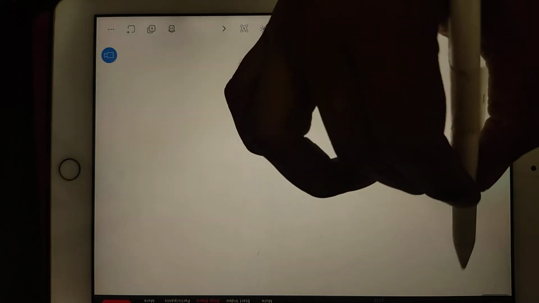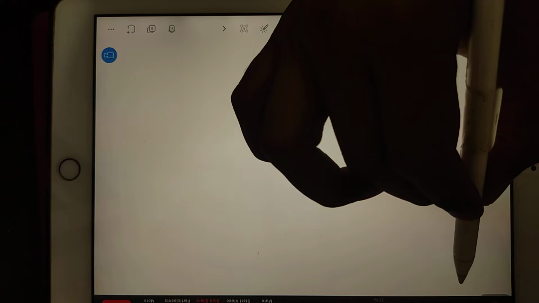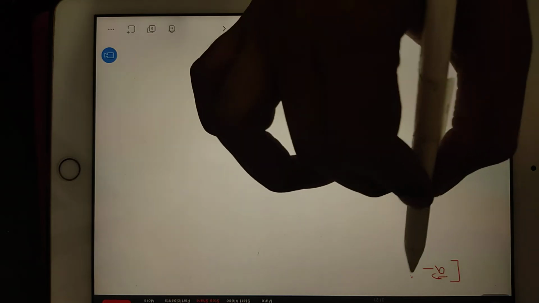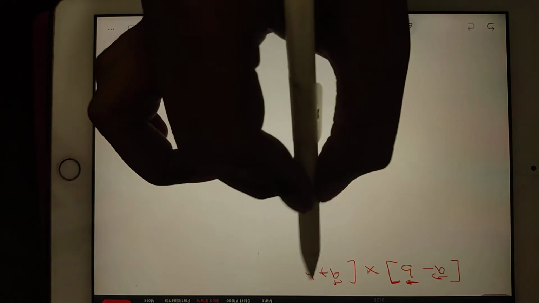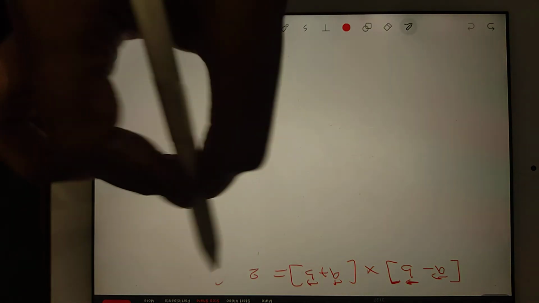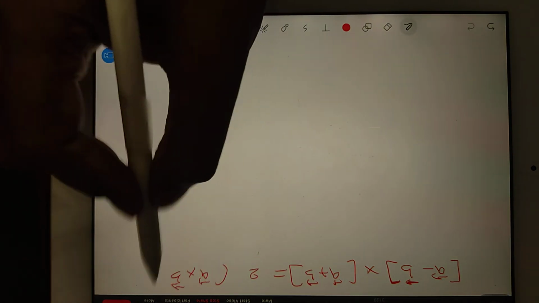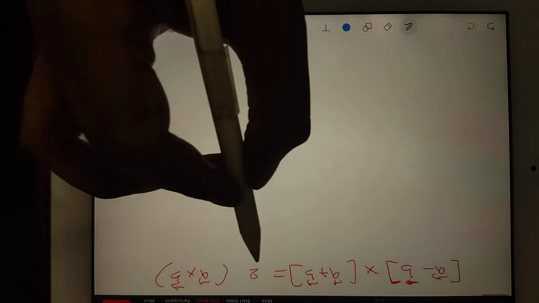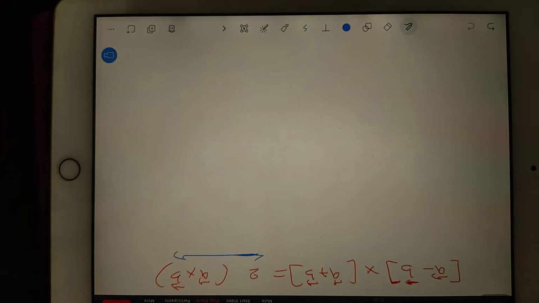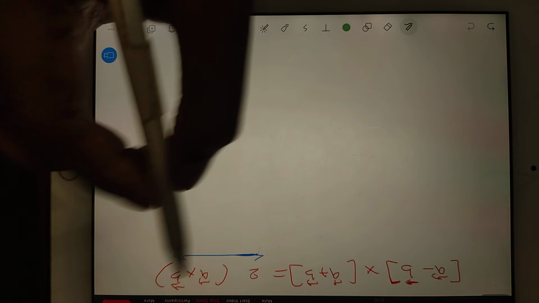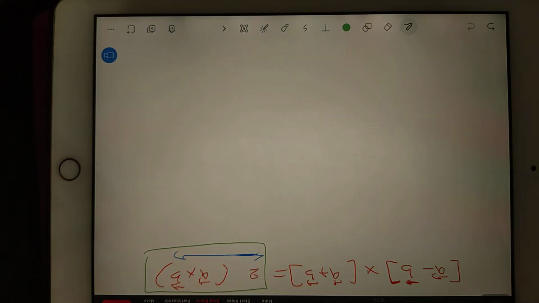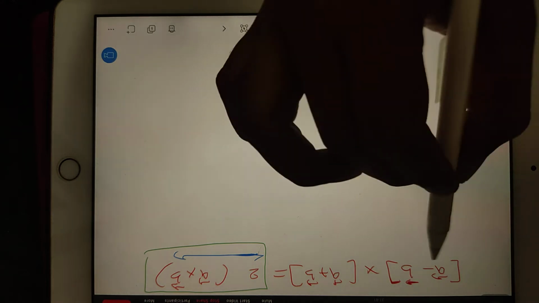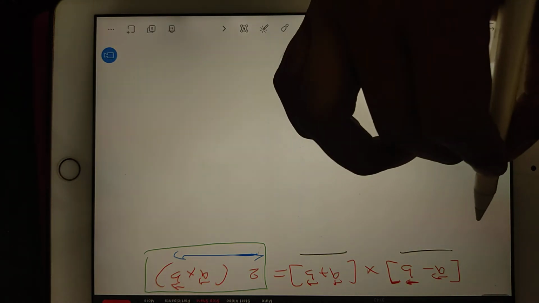Now see, in another question we have to show that (a minus b) cross (a plus b) is equal to 2 times a cross b. Actually, sometimes these types of problems appear in competitive exams, where this will come as an option. They ask that this cross this, which of the options is correct?